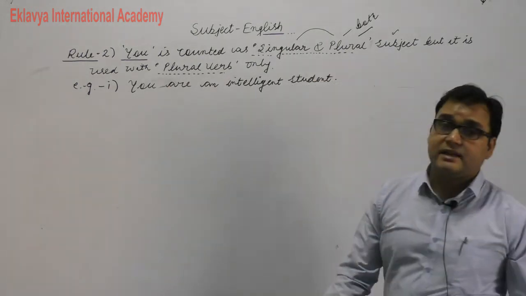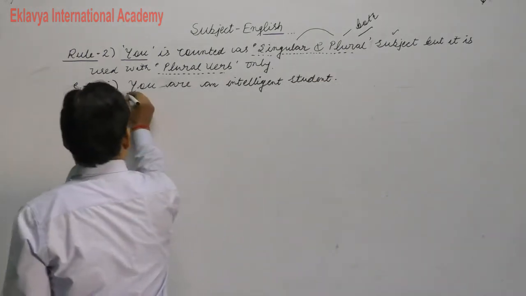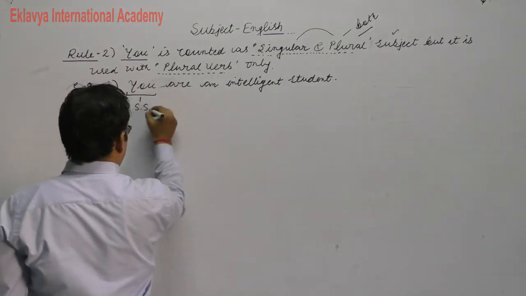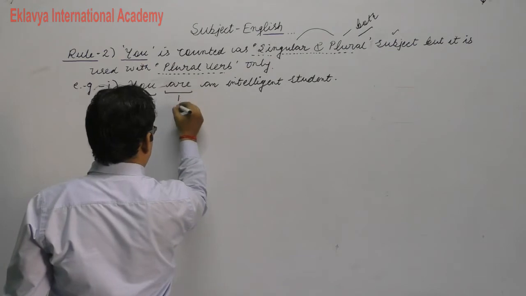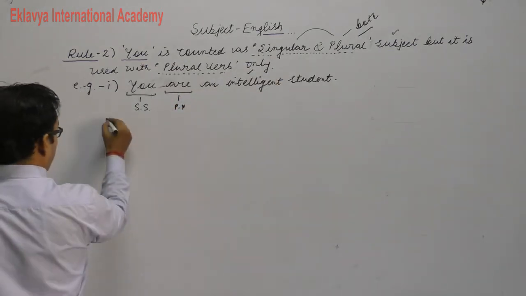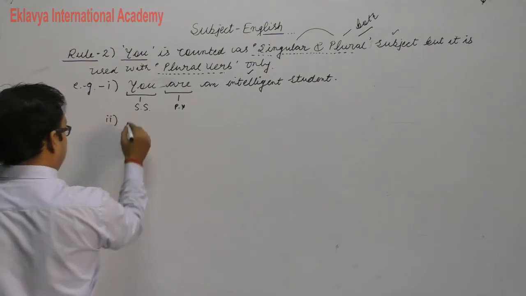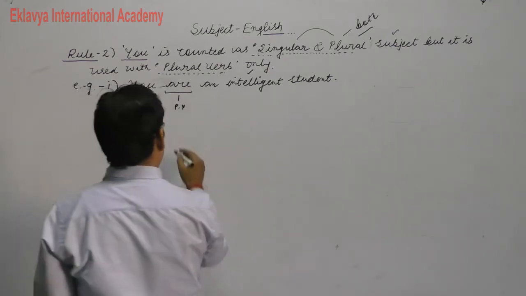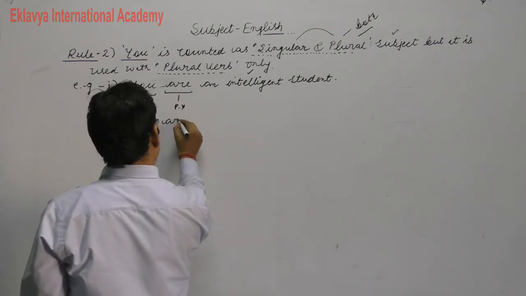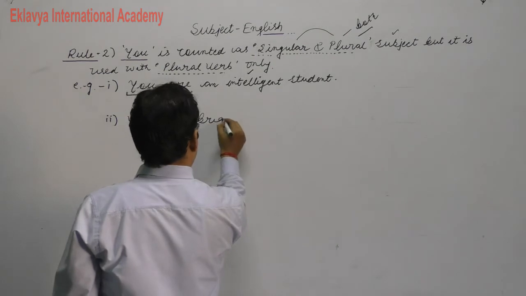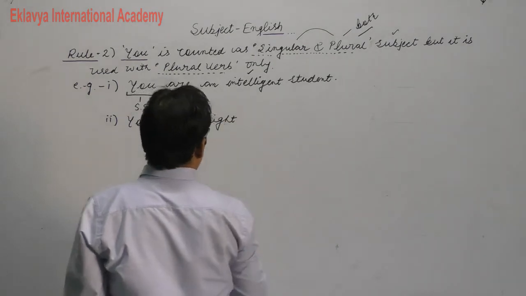We have a singular subject. Again we have here a plural verb, as I told you, only with a plural verb. Example number 2: You are bright.